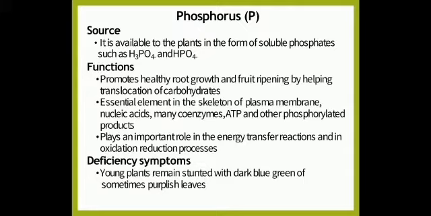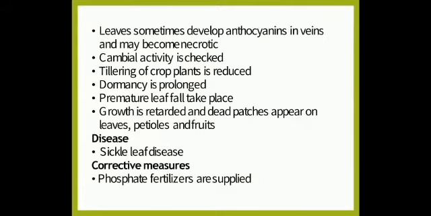Its deficiency in young plants makes the plant become stunted with dark blue green or sometimes purplish leaves. So the leaves sometimes develop anthocyanins in veins and may become necrotic.